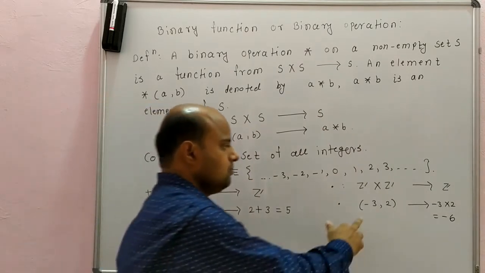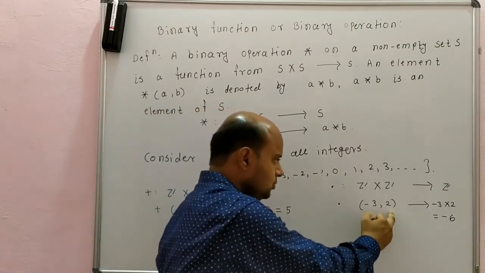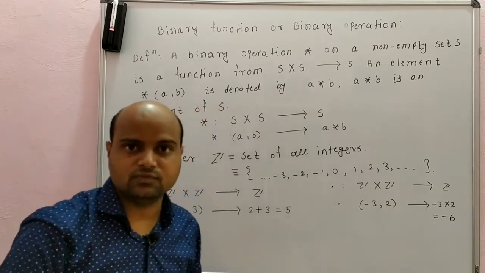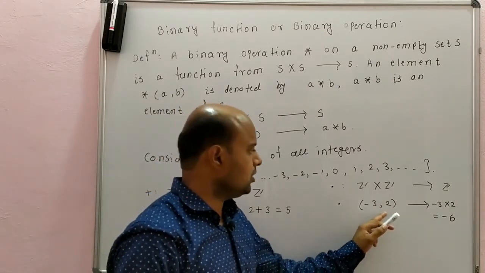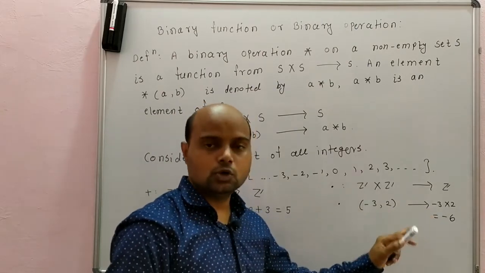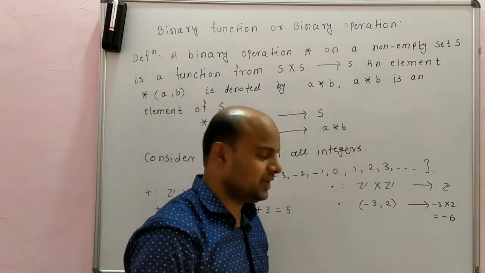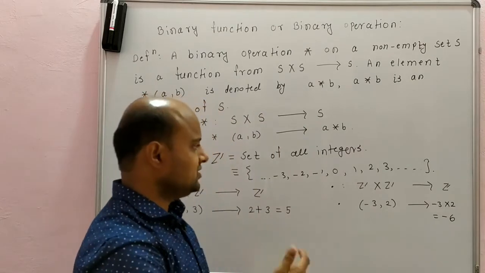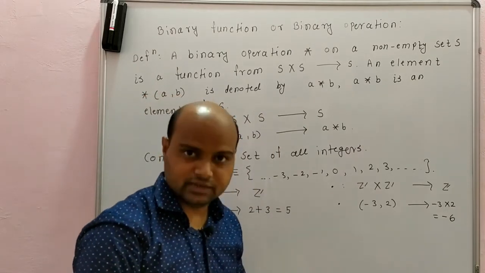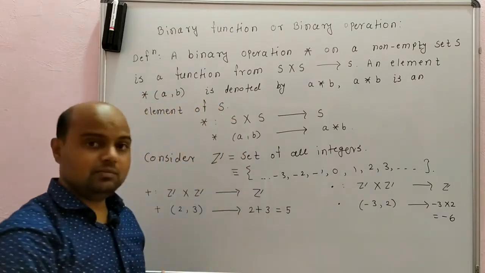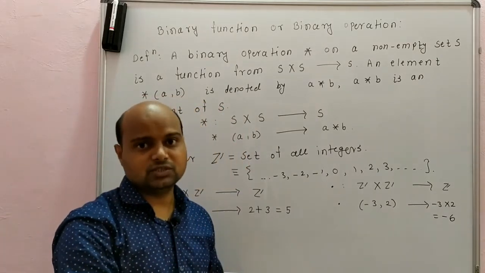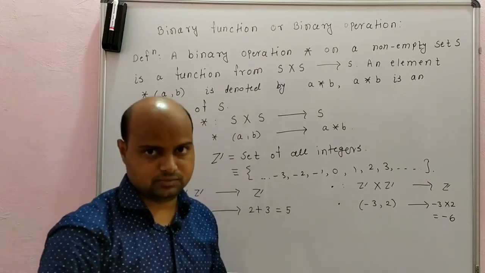See here, (minus 3, 2) is in the Cartesian product of Z. Under multiplication, (minus 3, 2) goes to minus 3 into 2, that is equal to minus 6, and minus 6 is again in Z. We know we can multiply any two integers and again we get an integer.